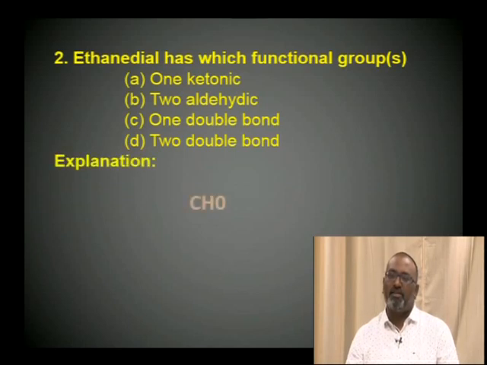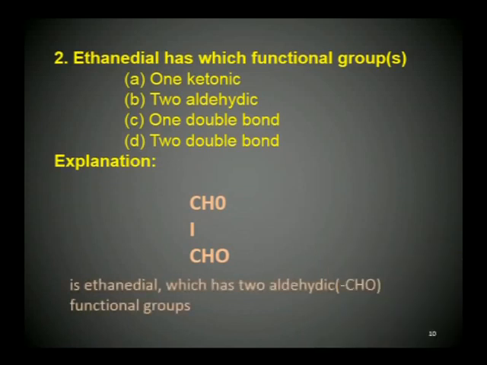If you see the structure of ethanedial, it has 2 aldehydic functional groups like this. So an aldehyde is single bonded to another aldehyde, that is, the aldehydic carbon atom is bonded with another aldehydic carbon atom. Since it has 2 aldehydic functional groups, the answer will be B.